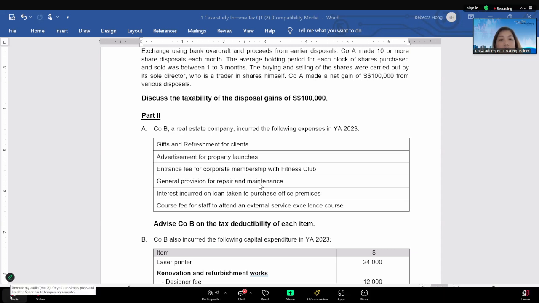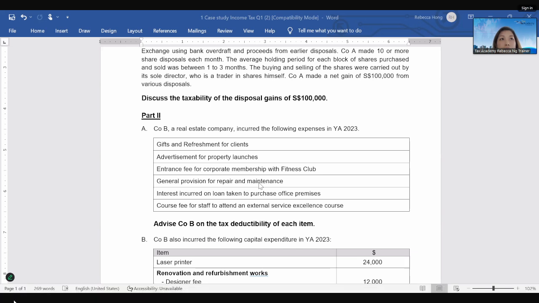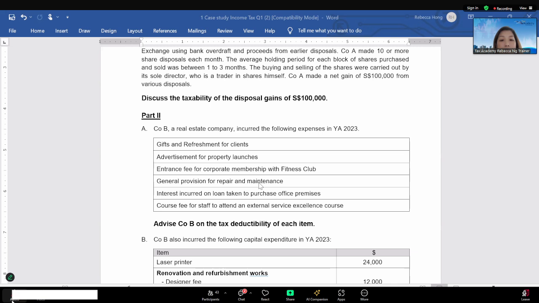Advertisement for property launches: yes, it's deductible, because it's a revenue expense in the production of the income.